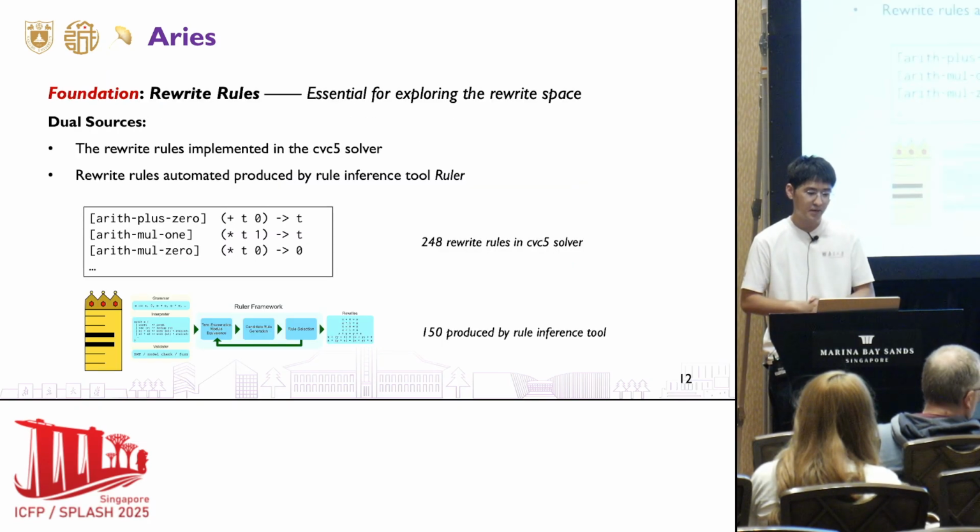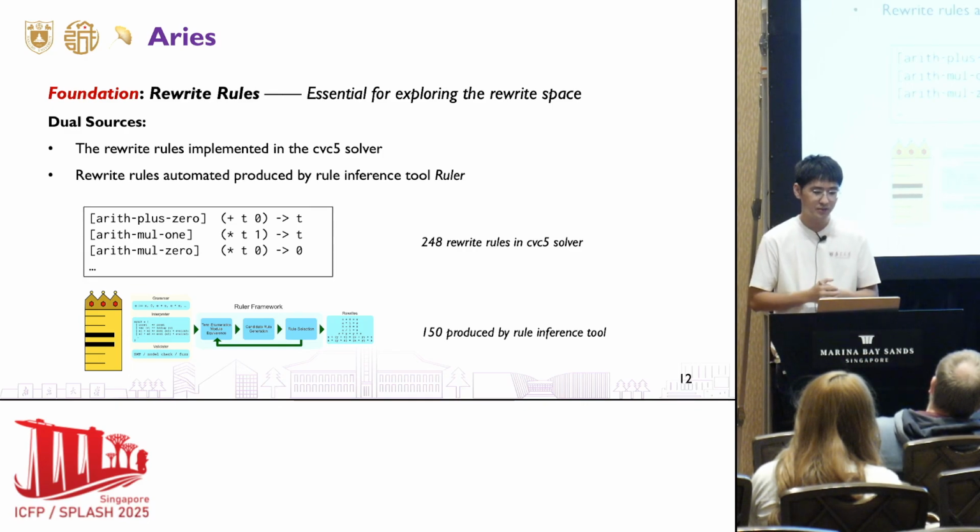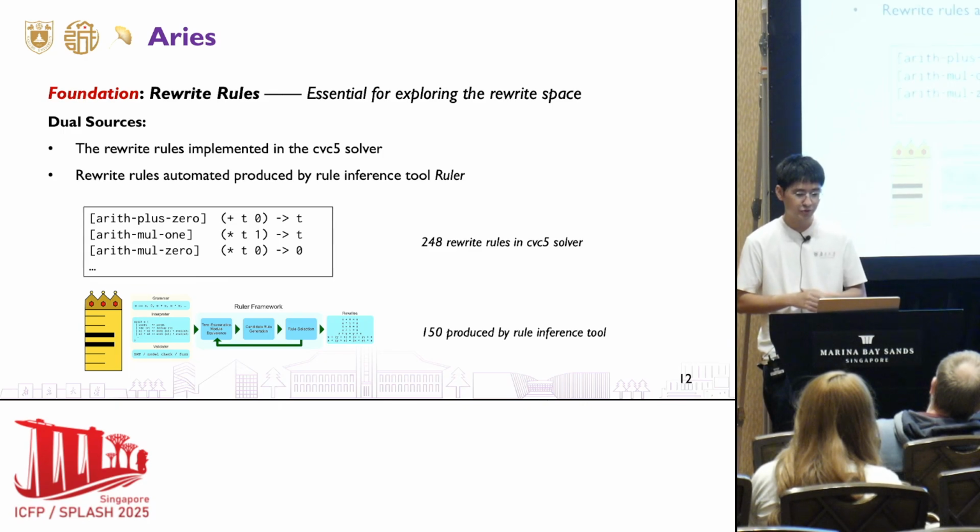Our method relies on a set of high-quality rewrite rules. So where do these rules come from? In our work, we use two main sources. First are the existing rules implemented in CVC5, collected by manual study.